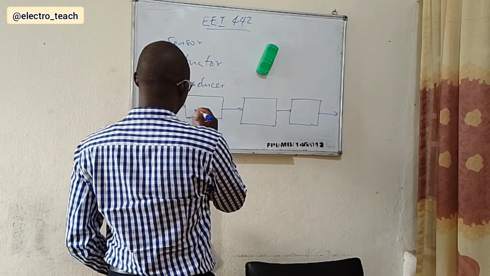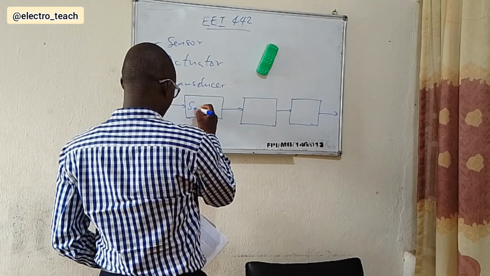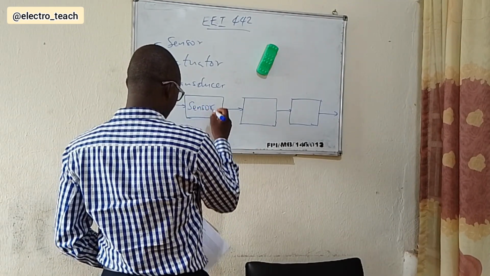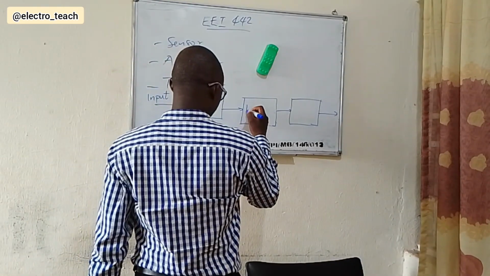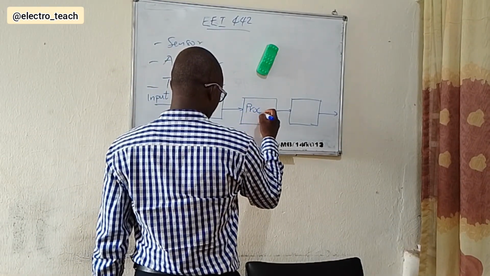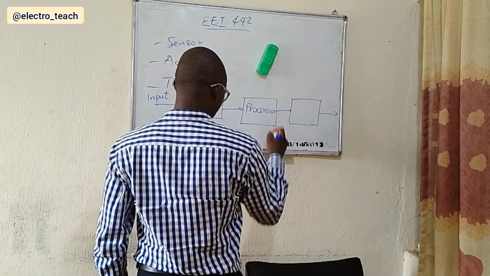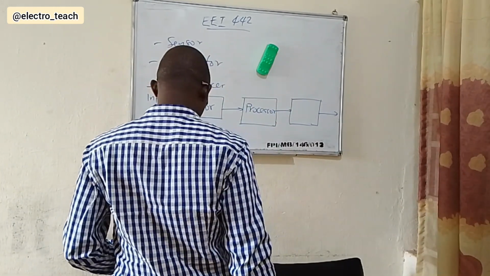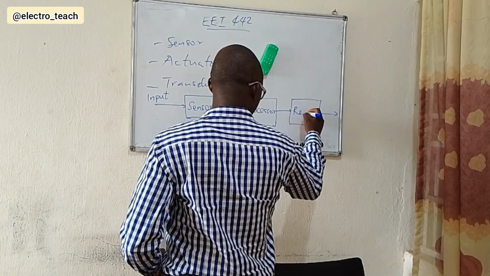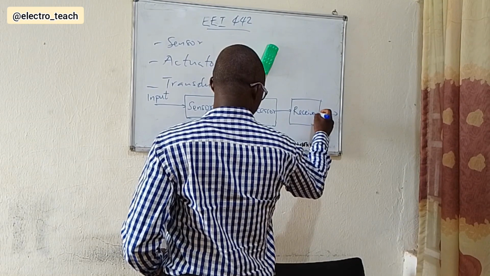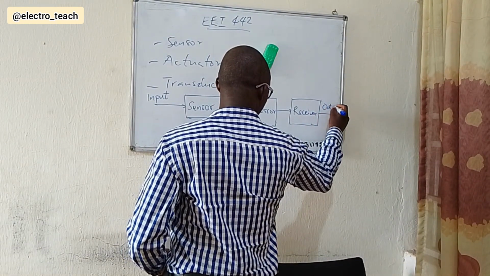At the input, we have the sensor here, which is actually the transducer. Then we have the processor. And then the last part is the receiver, and the receiver gives the result to the output.